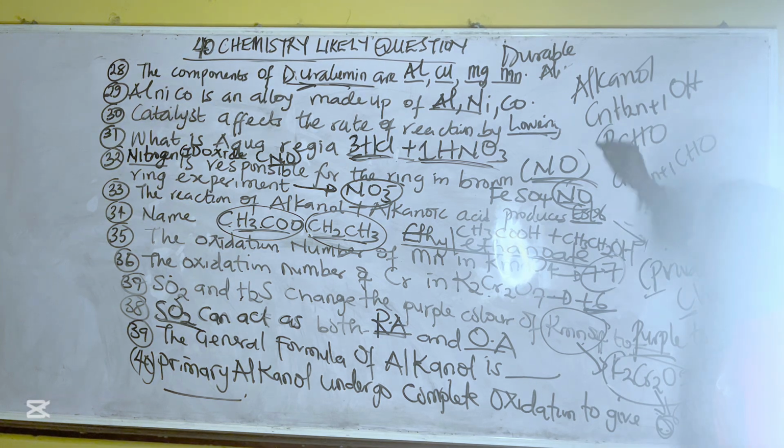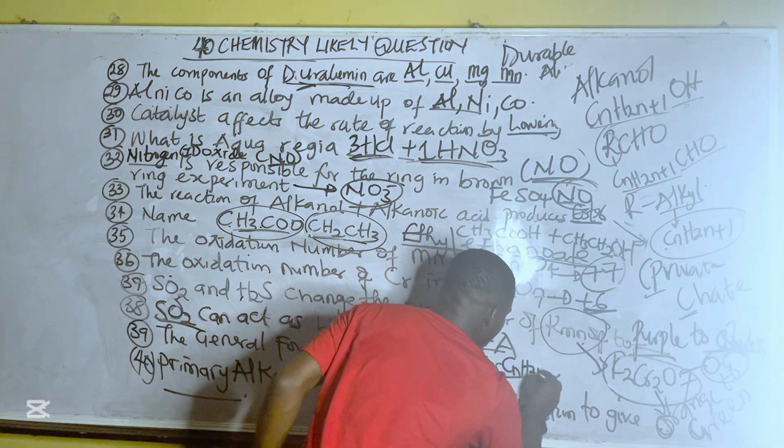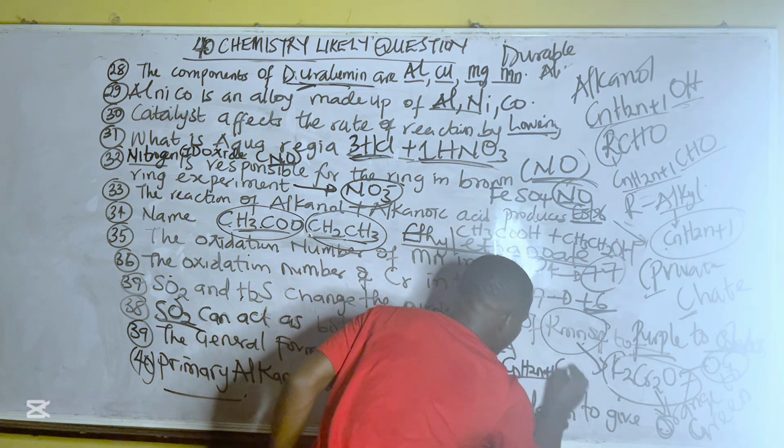What is important is that this R is called an alkyl group. An alkyl group itself has a general formula of CnH2n+1. So that is why you always see that they put this with the OH. Do you understand? So the answer to this is CnH2n+1OH.